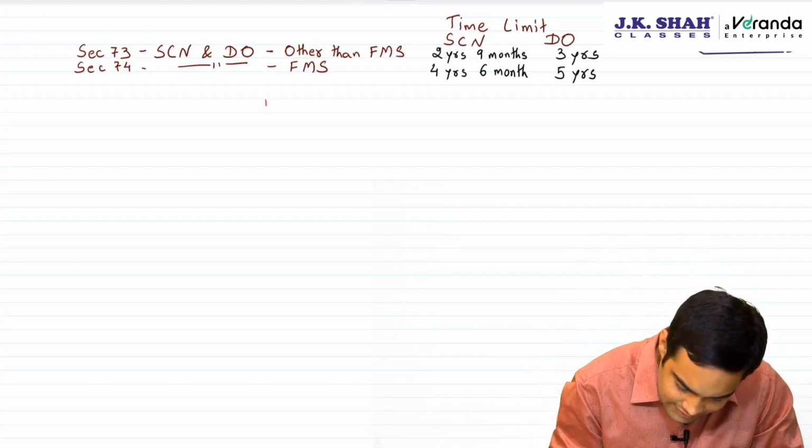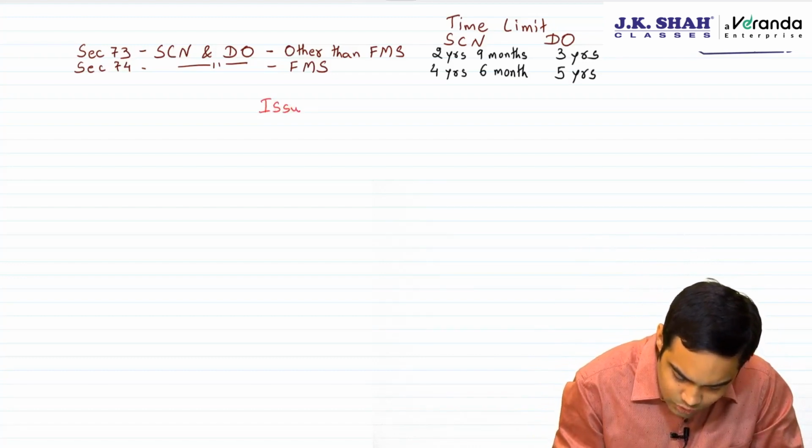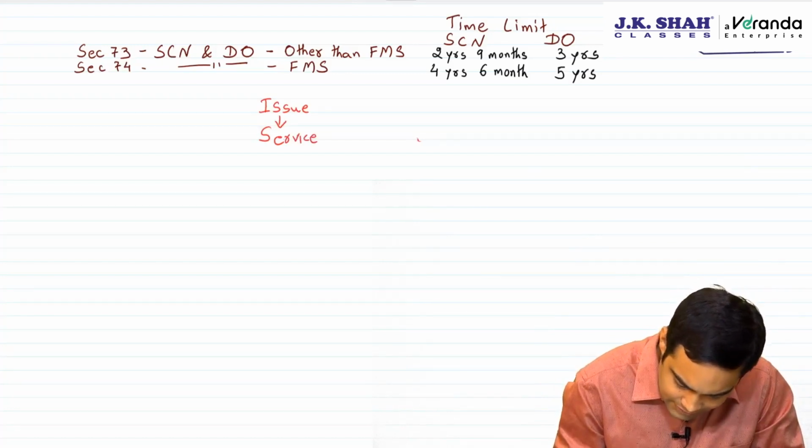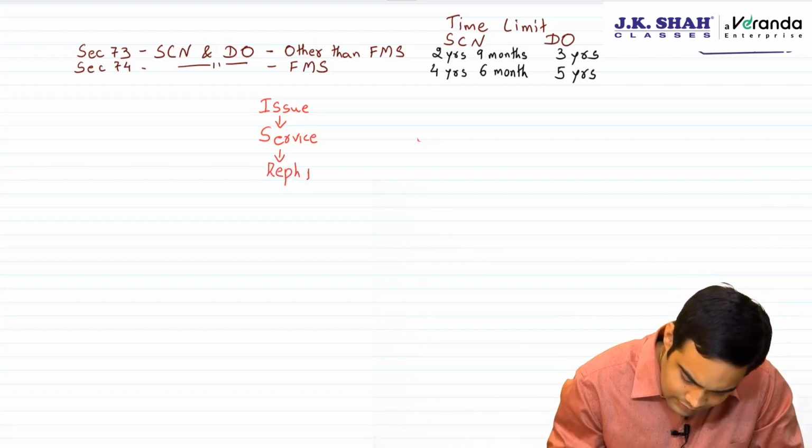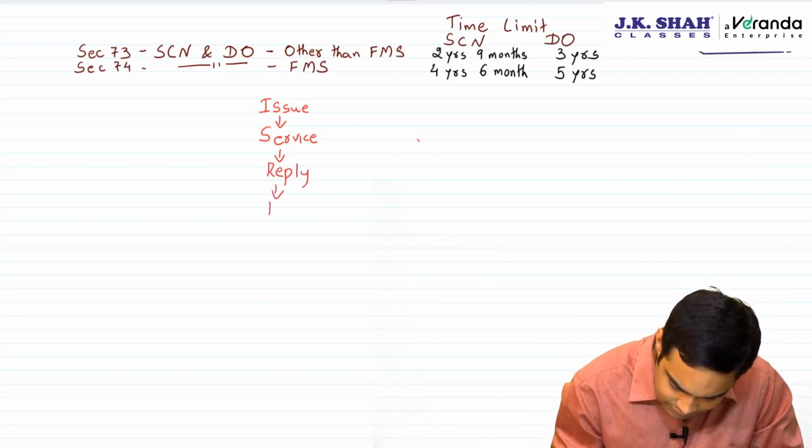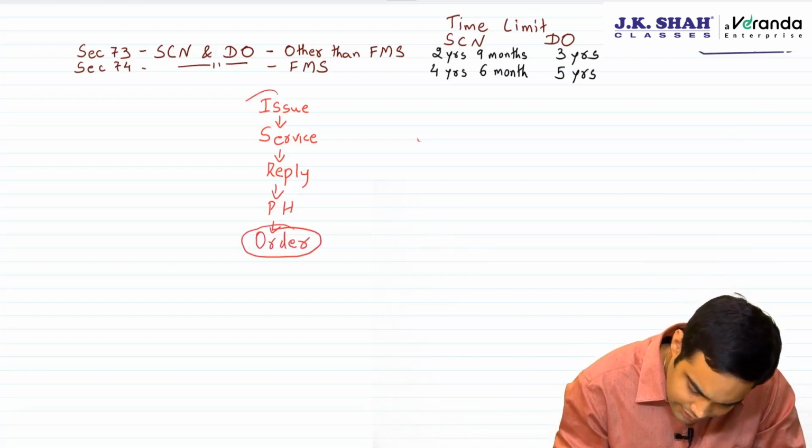Yes. Now what is the adjudication process? See, adjudication process starts with issue of notice. Notice has to be served. Then the next step is we reply to that notice. Thereafter there would be a personal hearing, and finally an order is passed. See, time limit is given for these two things, order and issuance.